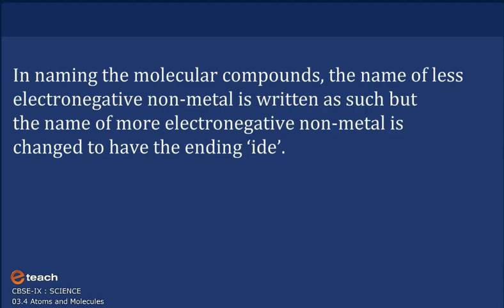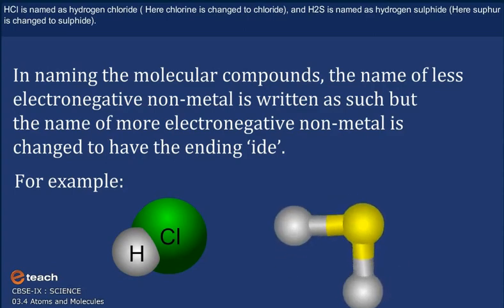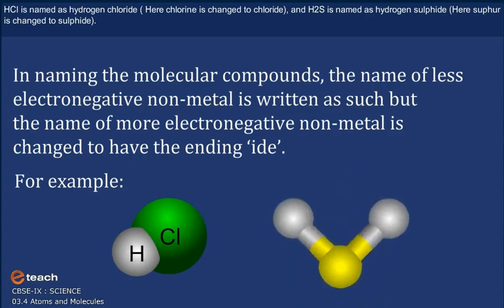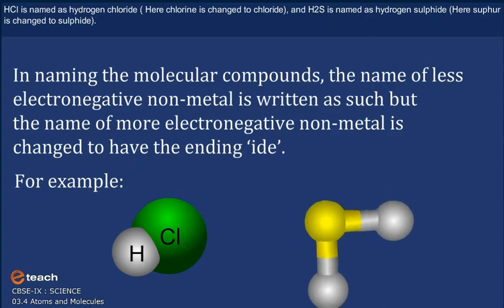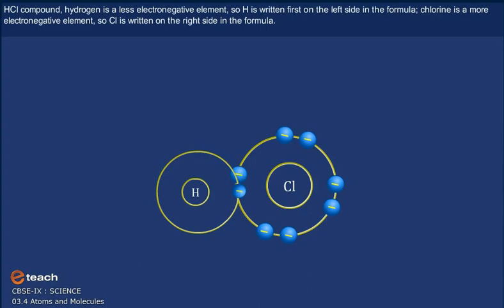For example, HCl is named as hydrogen chloride. Here chlorine is changed to chloride, and H2S is named as hydrogen sulfide. Here sulfur is changed to sulfide. In the HCl compound, hydrogen is a less electronegative element, so H is written first on the left side in the formula.